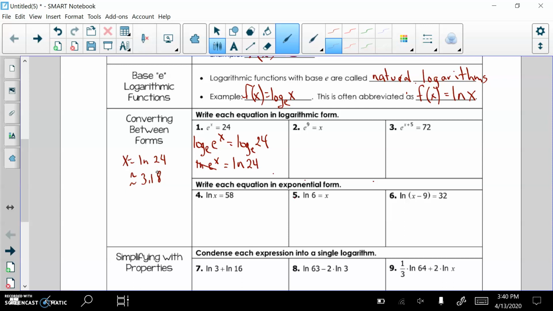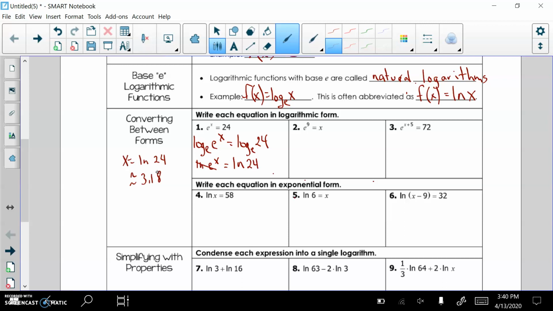So I'm just going to do that decimal value right there so that you can get a hang of putting it into your phone or whatever you're using if it's not a graphing calculator. So if you don't get 3.18, put it in a different way until you do.